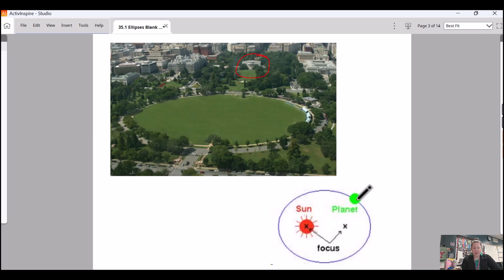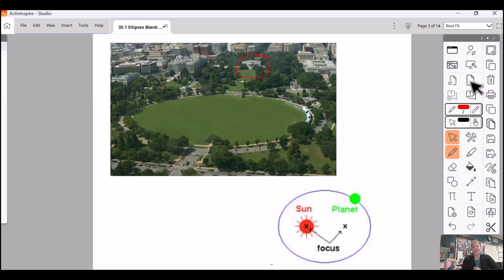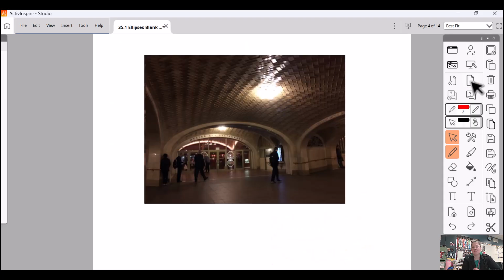Thankfully on Earth, our ellipse is very, very circular, but the sun is one of those focus points. So it's not a circle that we travel around the sun, it is actually an ellipse.